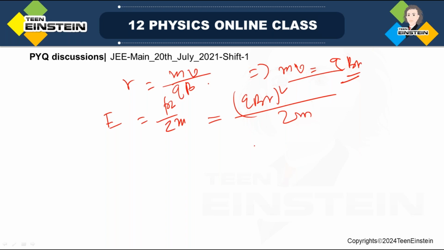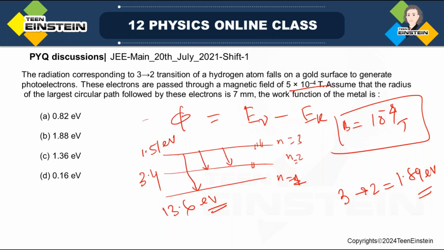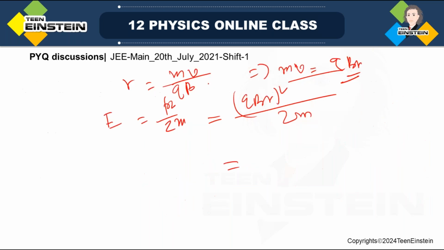Divided by 2m. If we put all these values carefully, the kinetic energy, see this qBr. So now what we'll do, we'll do the simplification for this particular energy.